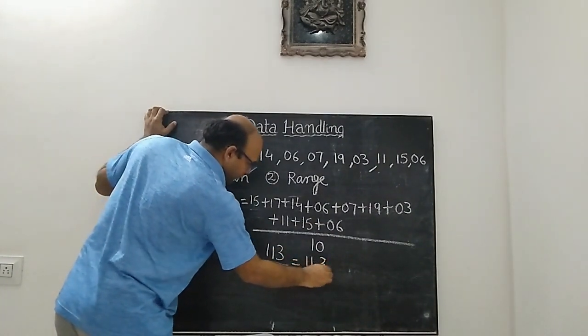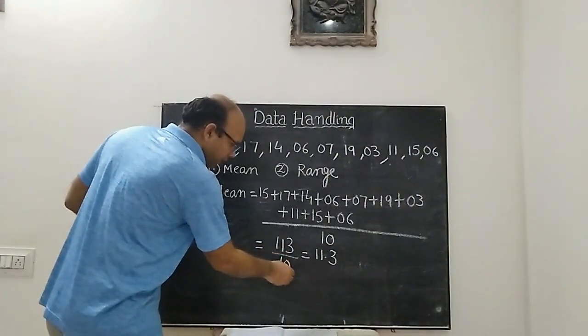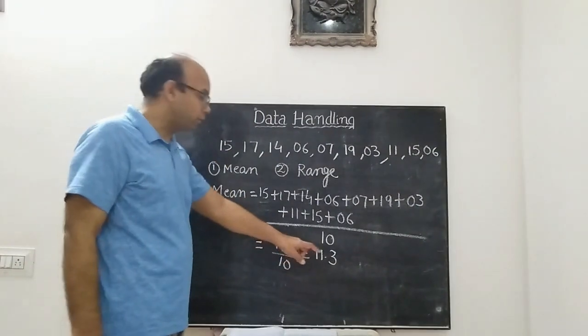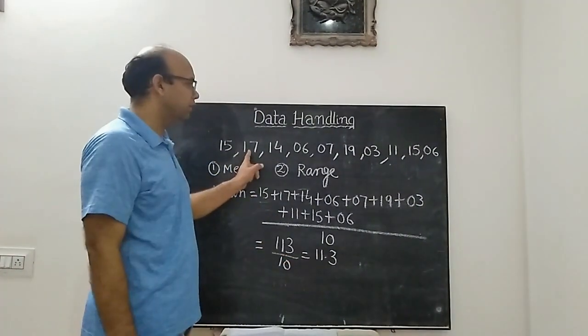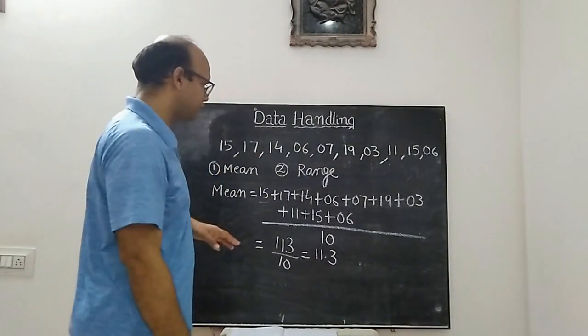So we get that the average marks is, so we have 113 divided by 10 is equal to 11.3. So 11.3 gives us the mean marks scored by the students in a given test.